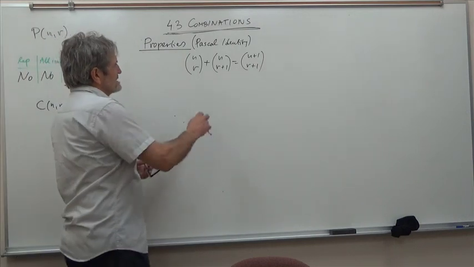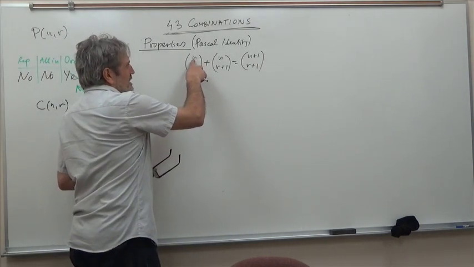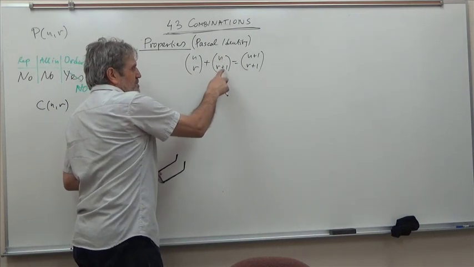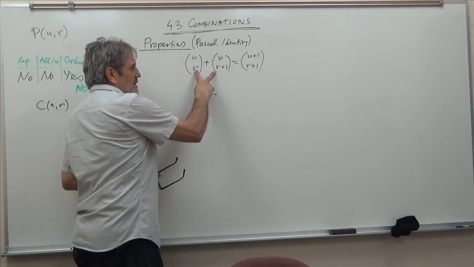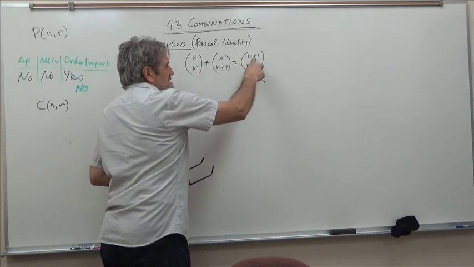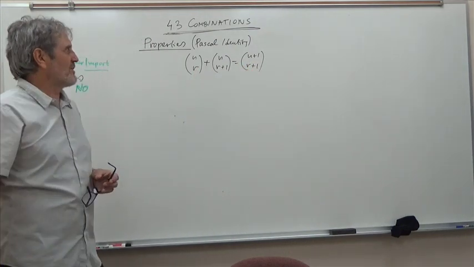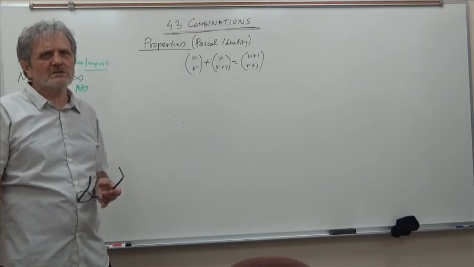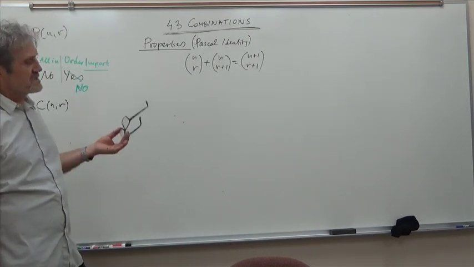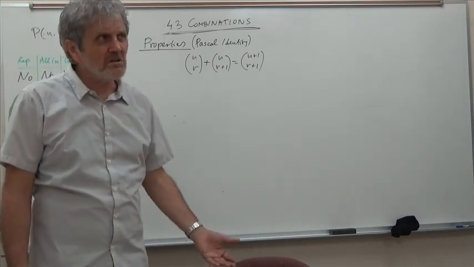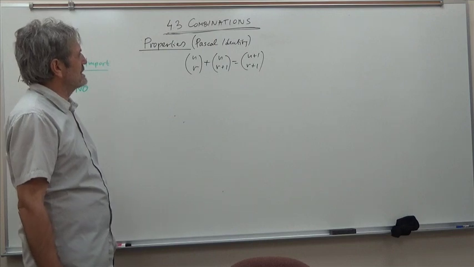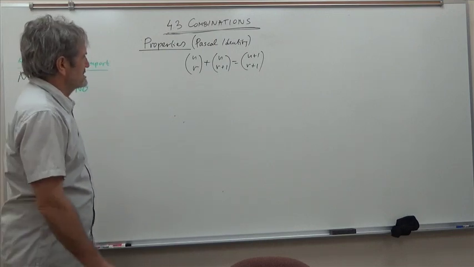But generally what it says is that here we have n objects. Here we choose r of them, here we choose r plus 1 of them. The total of those two counts is the same as one count, where we have n plus 1 objects and choose r plus 1. There's no obvious reason to see this really happening, it's not a very simple one like the previous ones, but it's really true, and we will see that calculation.